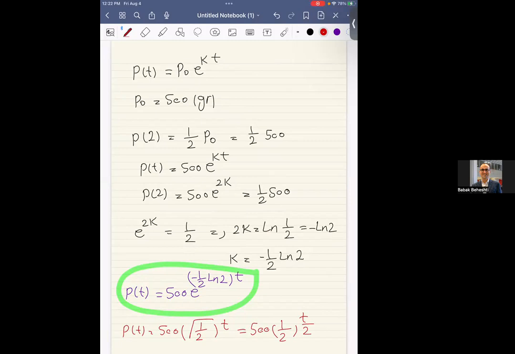So now this is something I like, simple. 500 times 1/2 to the power t/2. Be careful, it's not multiplication. Let me write it on the top.